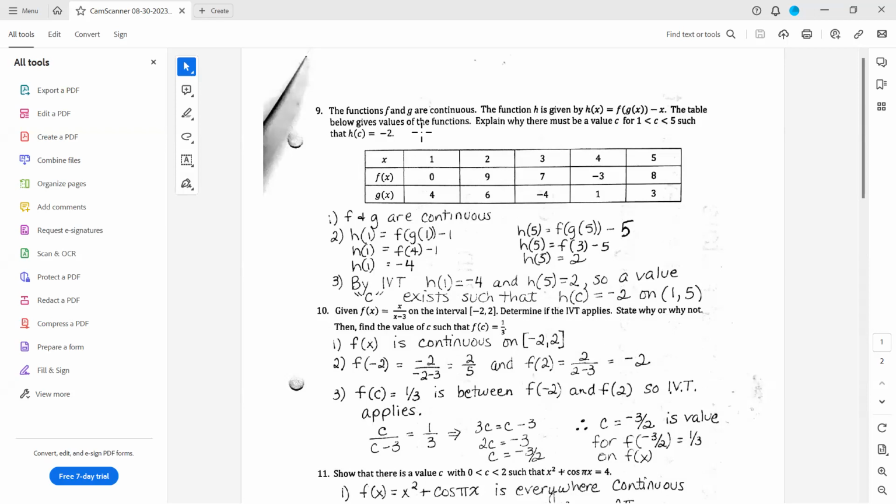And if the function that is swallowed is continuous, I also have to show that F is continuous, the result that comes out of it. Because the result that comes out of F of G of X also has to be continuous. That was given to you. It says the functions F and G are continuous.